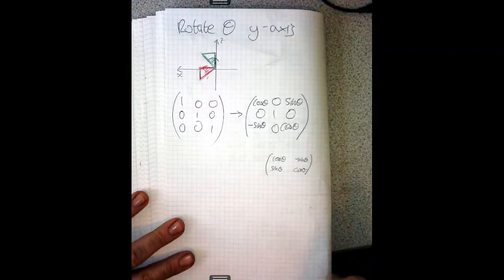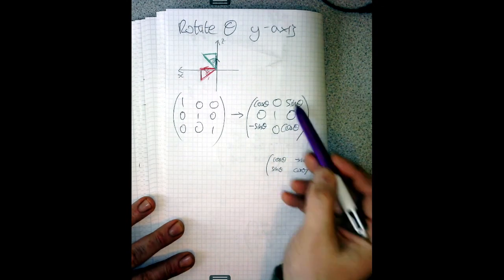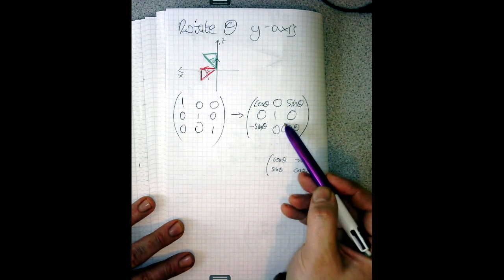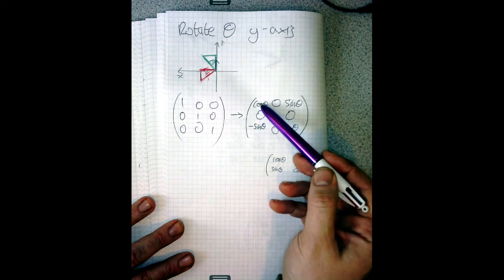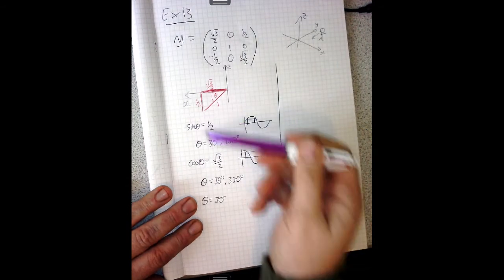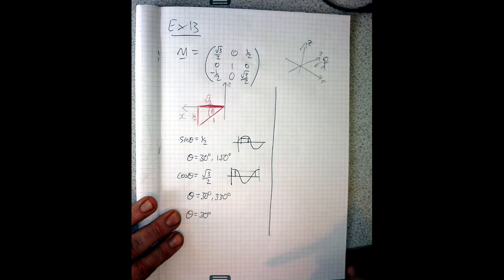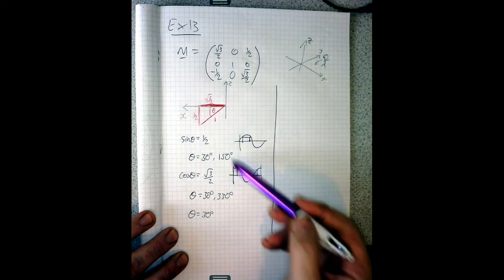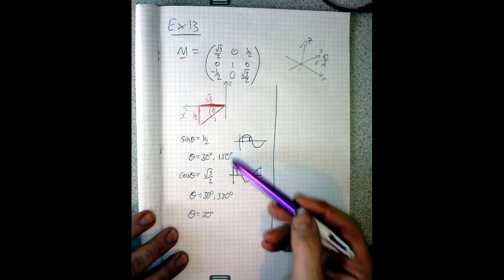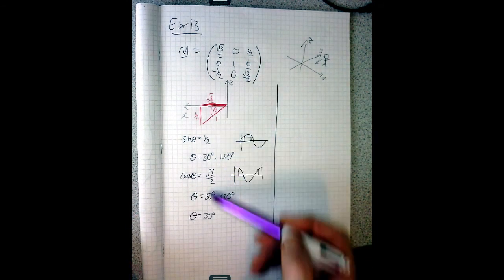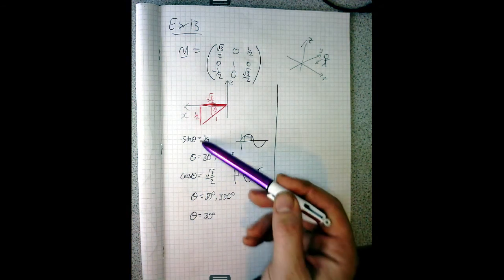The other way of doing it is recognise that it's a rotation about the y-axis, compare it to the matrix that we already know, and still write down cos theta equals blah, sin theta equals blah. So either way round, we're ending up with these two equations. Now don't worry too much about the extra solutions.